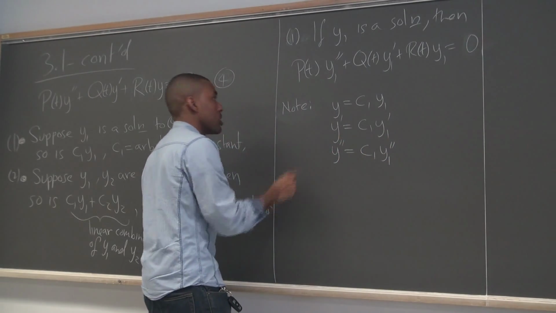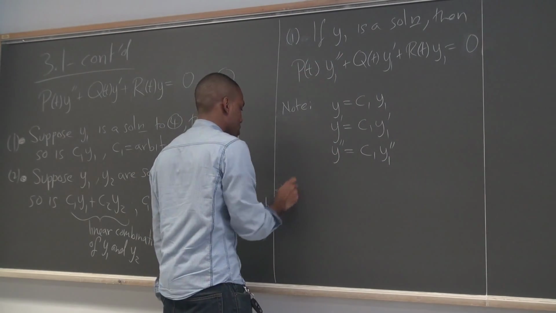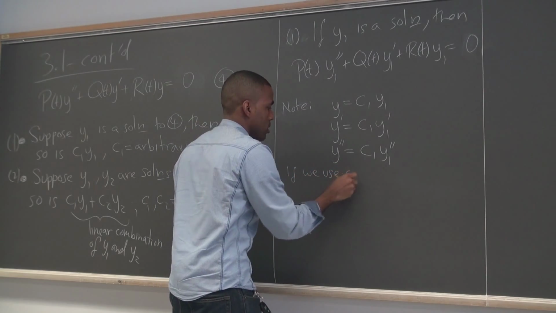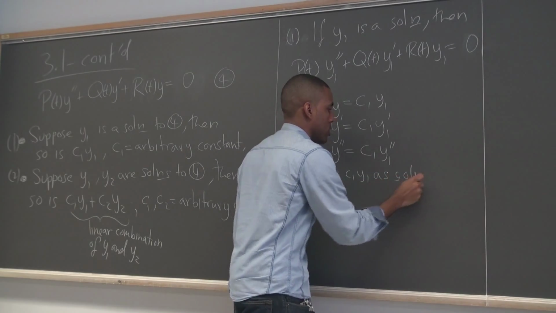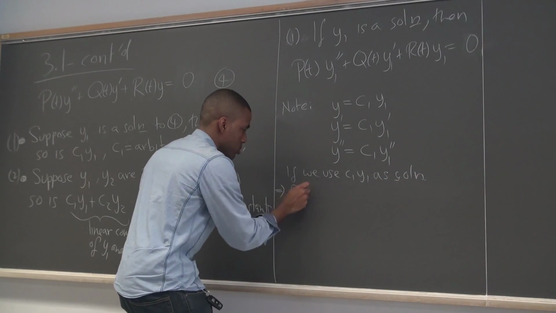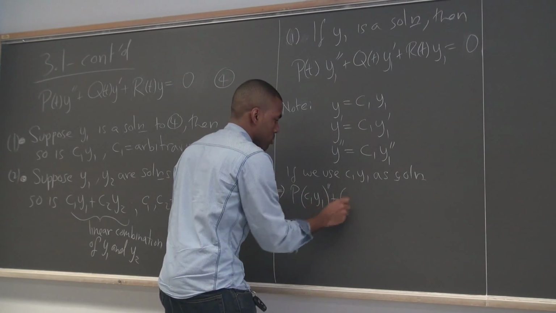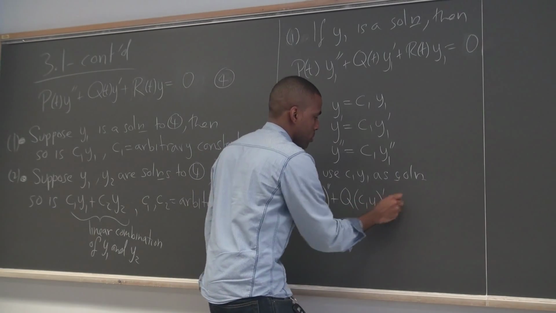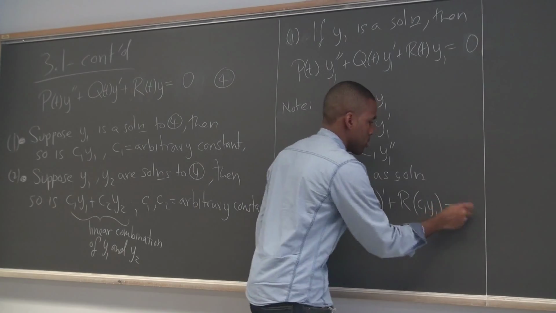So that means I can plug this into y1 double prime. This gives us just p times c1 y1 double prime plus q times c1 y1 prime plus r times c1 y1.